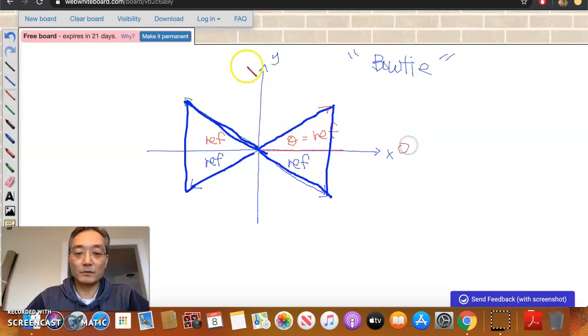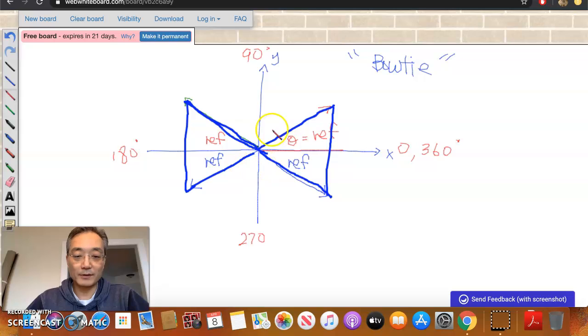This is 0, this is 90, this is 180. These are all degrees, by the way. This is 270, and then this is back to 360. Now, 240 is going to be here. It's going to be a Q3 angle. So let's say this complete angle here is 240.